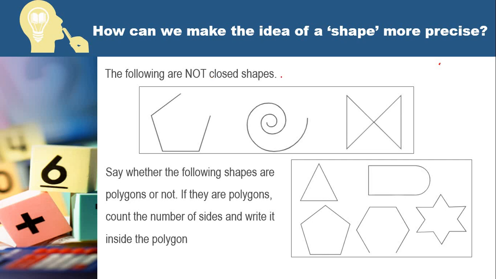The following are not closed shapes. By looking at this, you can find out these are not closed shapes. But coming to this, children, is it a closed shape or open shape? It is closed, but I told you there are two types of closed shapes.